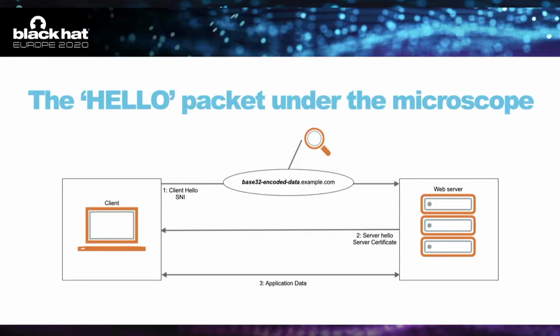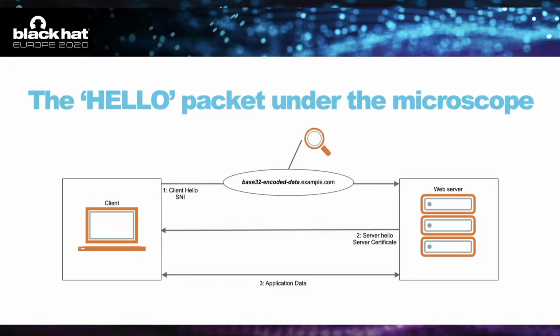So here we use a wildcard certificate on the web server for star.example.com. But we add .example.com to the SNI, and we also prepend the data we want to exfiltrate and encode it with base 32. We use base 32 in order to use a character set that is allowed in a domain name.